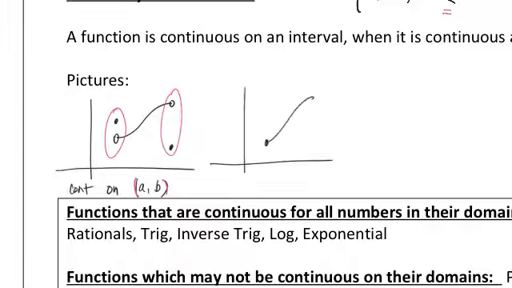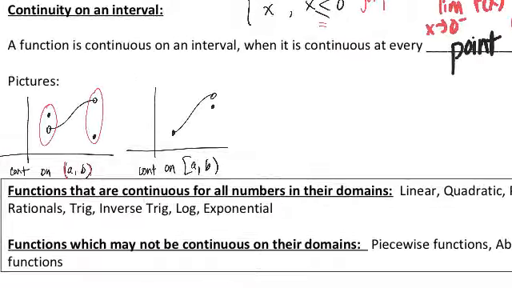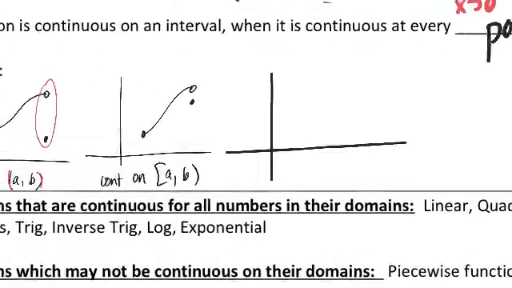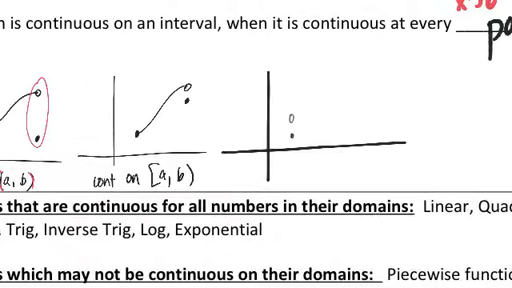This picture might look like this, and here you have a hole only on one side. So we would say we're continuous on [a, b). Let's do another one. Here, we're continuous on the right side, but not on the left side. So here we're continuous on (a, b].